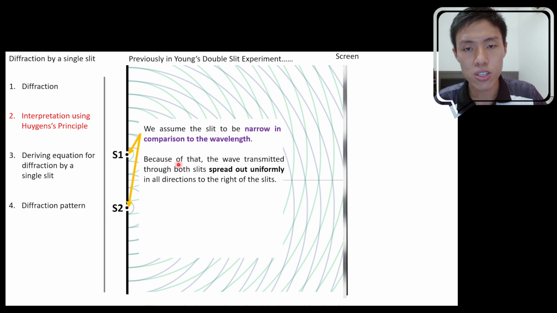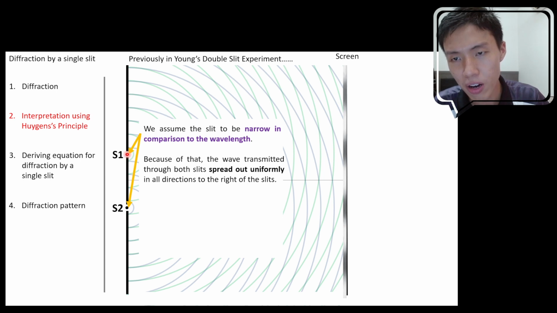Because of that, the wave transmitted through both slits spreads out uniformly in all directions to the right of the slit. Because the slit is very narrow, you can assume that the part of the wavefront that manages to pass through the slit is only a very small part of the wavefront.